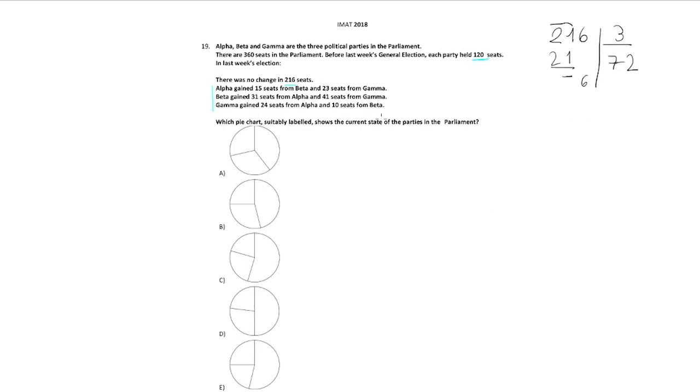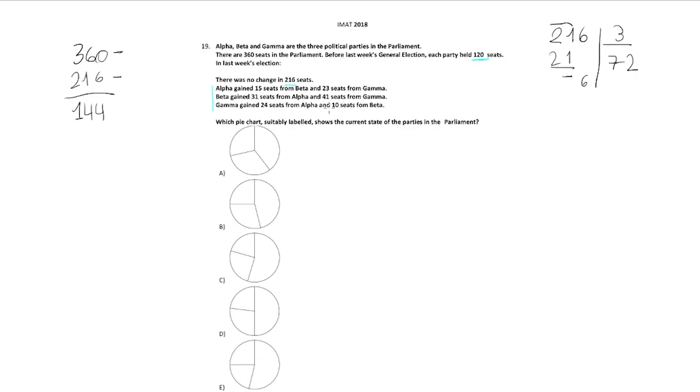Okay, the next thing we can do is to subtract this number of seats, the seats that have not changed, from the total number of seats in the parliament. And this will give us 144 seats that actually have changed.